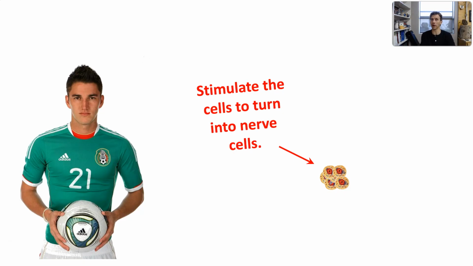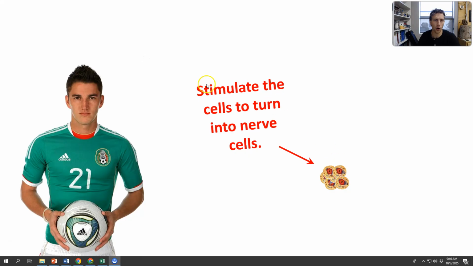Normally, some of them would develop into nerve cells and some would develop into skin cells or muscle cells or bone cells. But we apply certain chemicals so that they all turn into nerve cells. Okay? And their DNA all match his DNA.